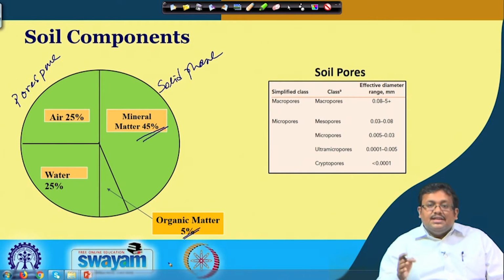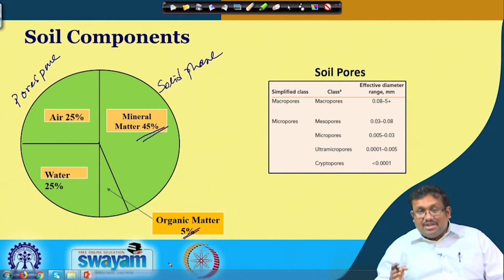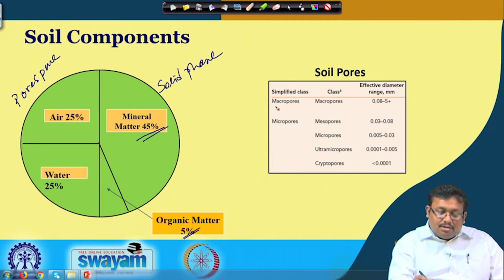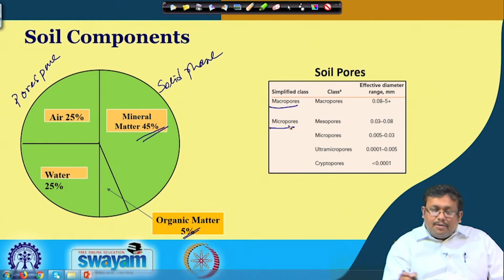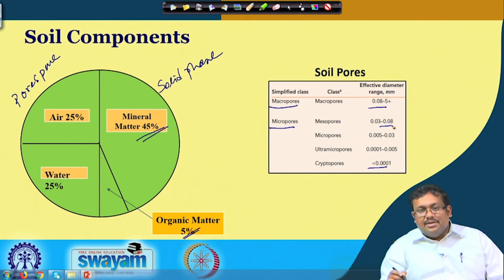So, if you see the soil pores based on their effective diameter or range in nanometer, we have classified them into 2 major simplified classes, macropores and micropores. Macropores have effective diameter of 0.8 to 5 millimeter, whereas micropores diameter basically ranges from less than 0.001 millimeter to 0.08 millimeter.